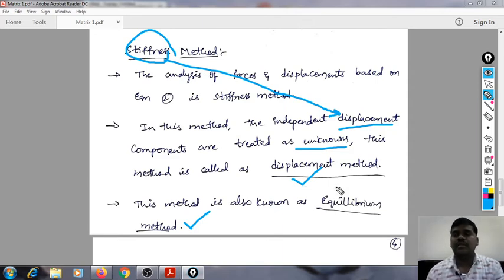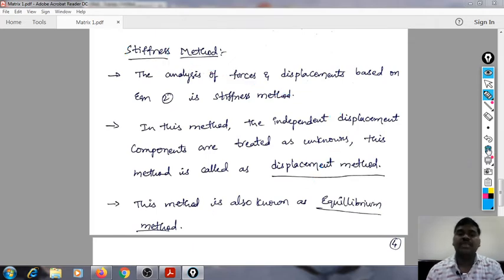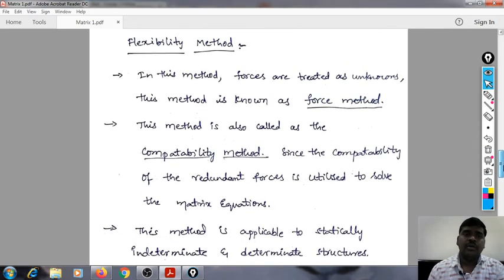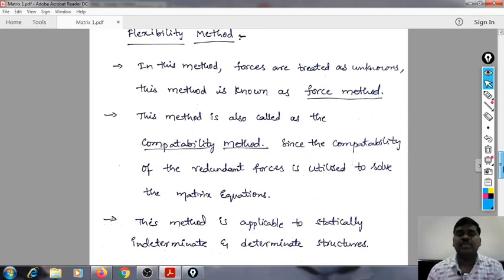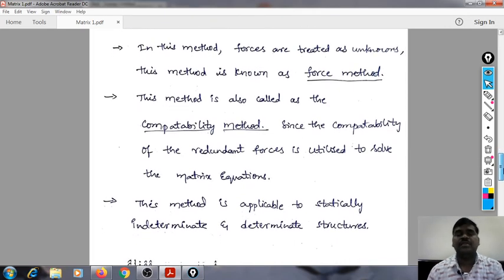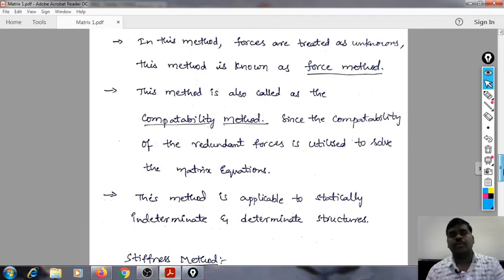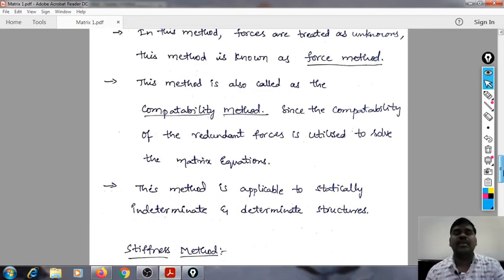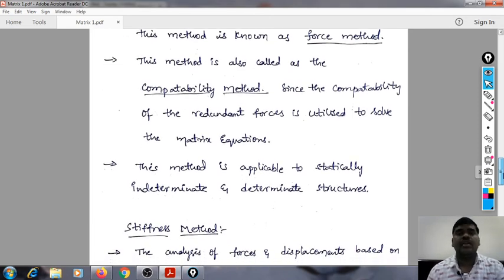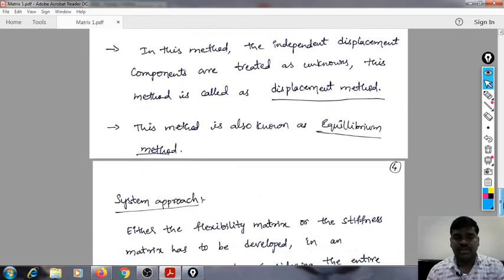While solving the problems, you can understand why the names displacement and equilibrium are given for the stiffness method, and also why force method and compatibility method are given for the flexibility method. While solving the problems, one can understand why names like this are given to these methods.